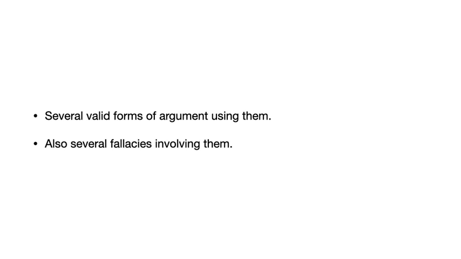So the first valid form of argument using a conditional, an if-then statement, is called modus ponens. Now, remember, as I said, for the or statements and the if-then statements, there's not really a great way of representing these with a diagram.